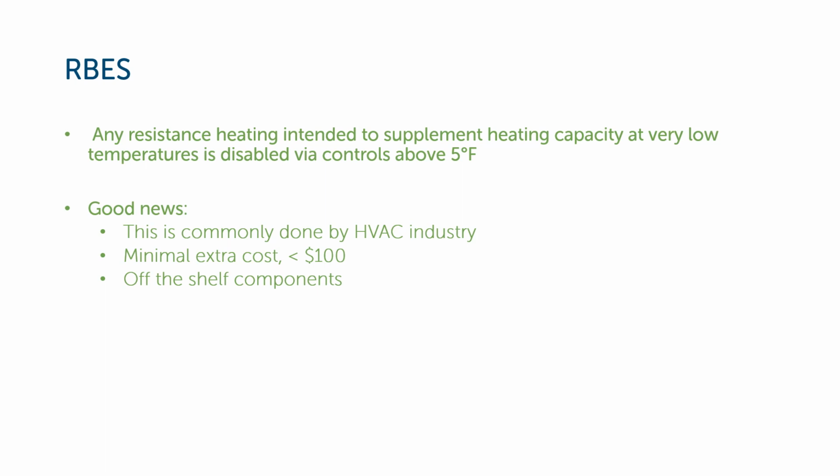And hey, good news, this is pretty commonly done. The parts are easily accessible, right off the shelf components, with minimal extra cost. I priced it out at less than $100 in parts. So it's not a big deal, but it is something to remember and to make sure we're doing to be in compliance with the new code.